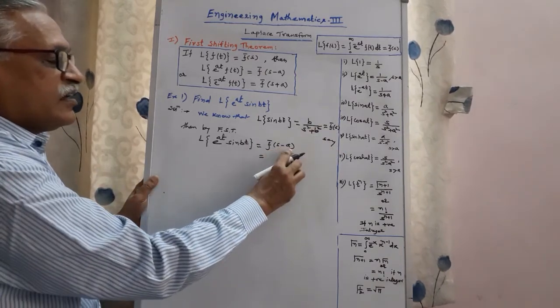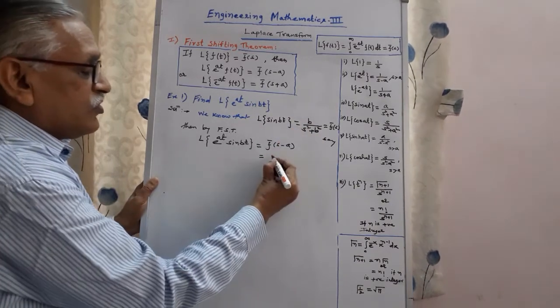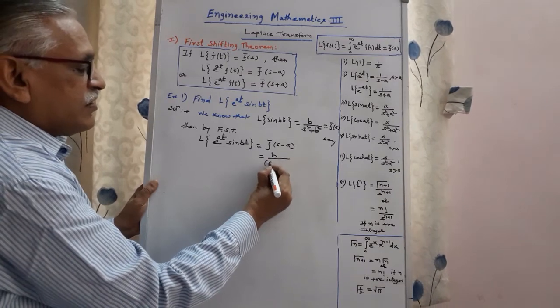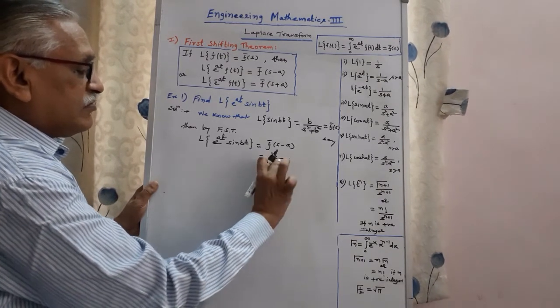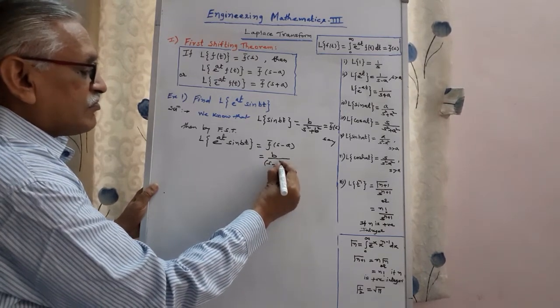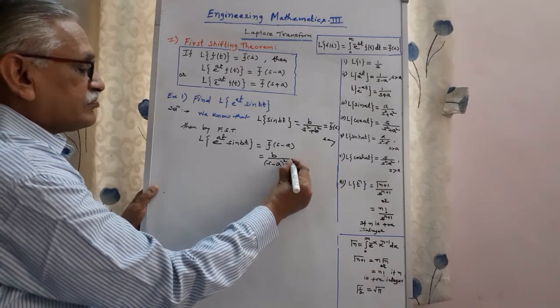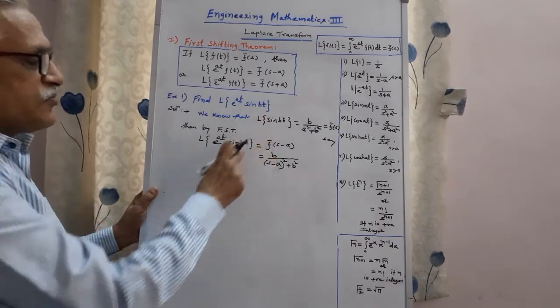Wherever s is there, replace it by s minus a in this result, and therefore we get b divided by s minus a whole square plus b square, the required Laplace transform. Two steps only.